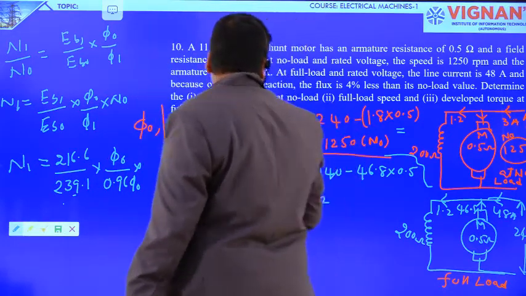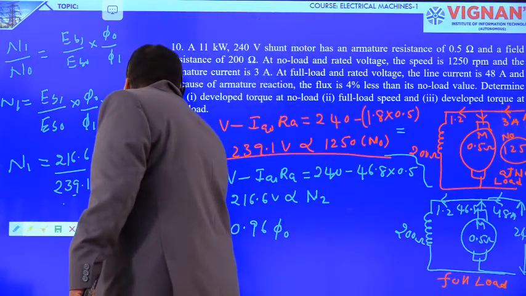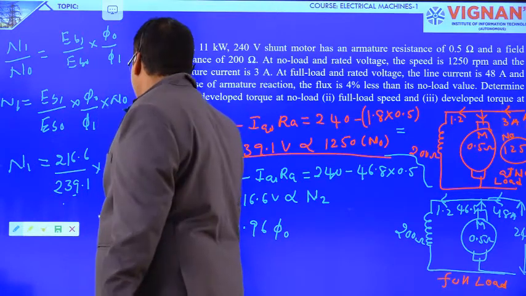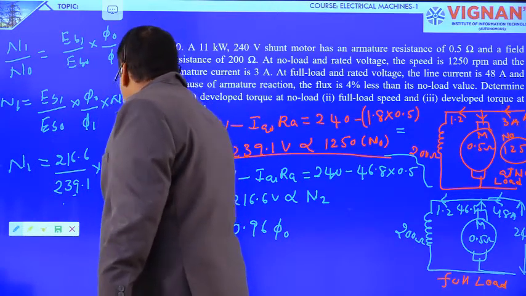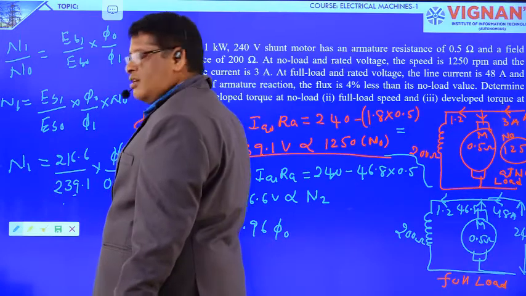The no load speed is nothing but 1250 RPM. Now this phi naught gets cancelled.